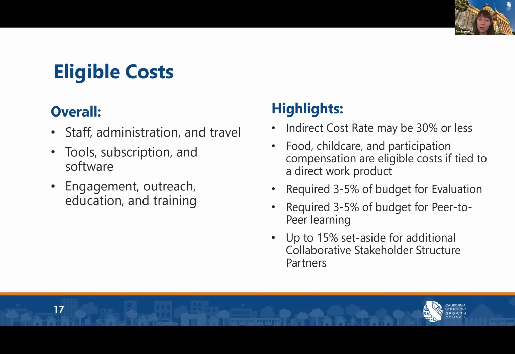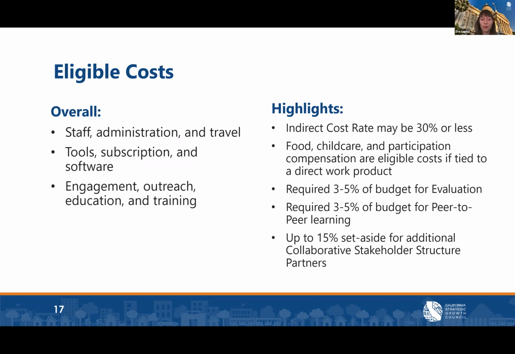This is really meant for collaboratives to be sure that they've set aside the capacity within the collaborative to be able to engage with our technical assistance providers on some of these evaluation related activities, as well as being a part of our peer-to-peer learning cohort and the convenings that we'll be doing for that engagement. So it isn't the case that the collaborative will be doing all of their engagement, all of their evaluation by themselves. It's really just making sure that they have the capacity to engage with our TA providers through that process.